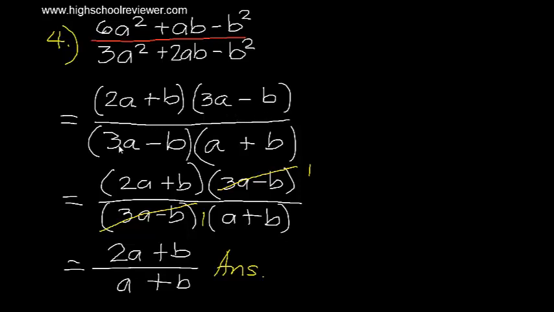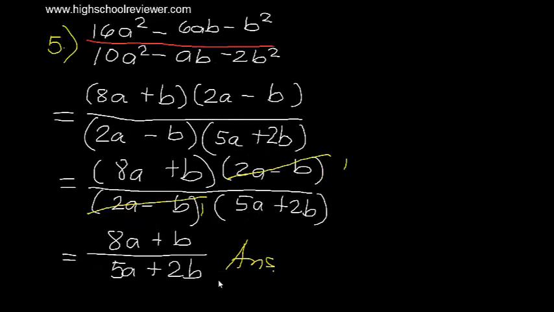And the factors of our denominator will be the quantity of 3a minus b multiplied by a plus b. And looking at the numerator and the denominator, we can cancel out the quantity of 3a minus b. What will be left now will be 2a plus b all over a plus b. And this is our answer for number 4.